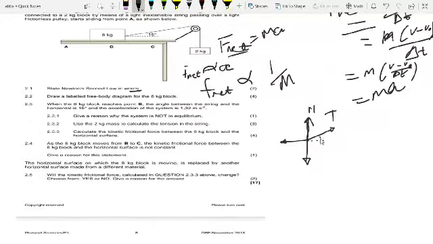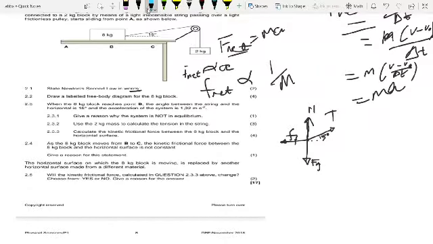This is what is 15 degrees here. And this is going to be your Fg, and this is going to be your friction force. If you drew it like this, it's fine. Even if you didn't indicate the angle, you're still right.